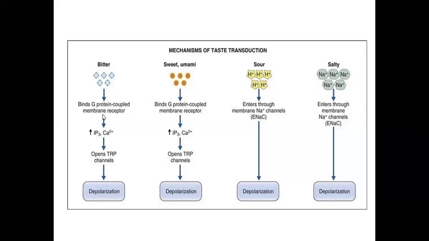So from chemical to electrical signal, or the action potentials that are going to be picked up or interpreted by the brain. Remember, we talked about first order, second, and third order neurons. So that pathway involves the communication between the tongue and the taste centers in the brain.